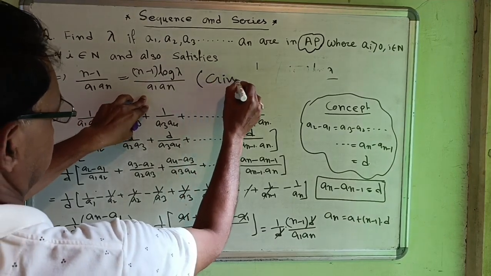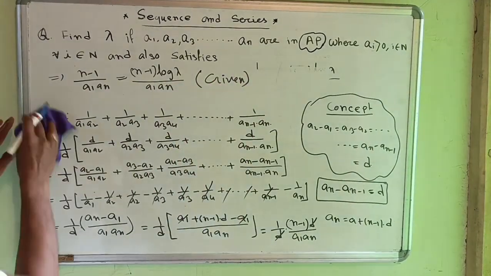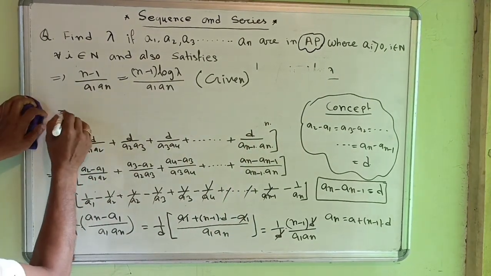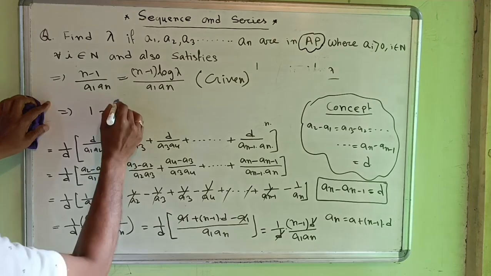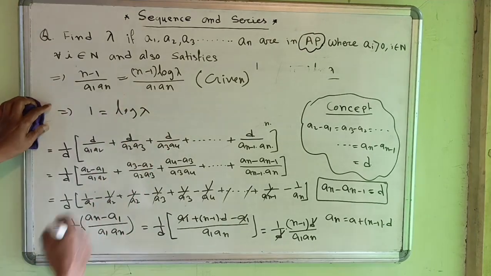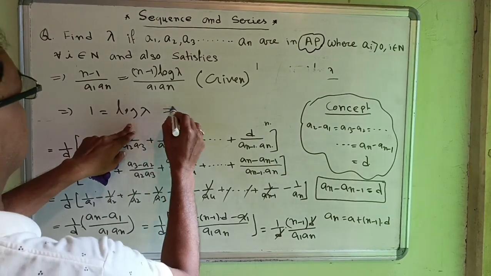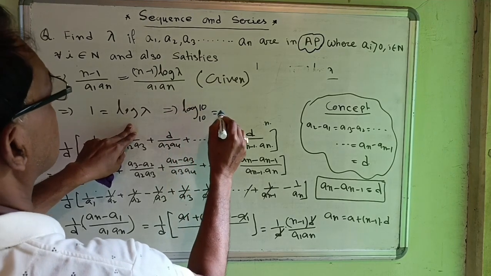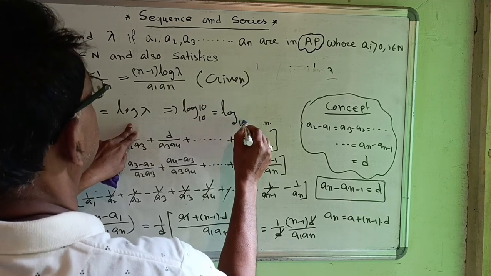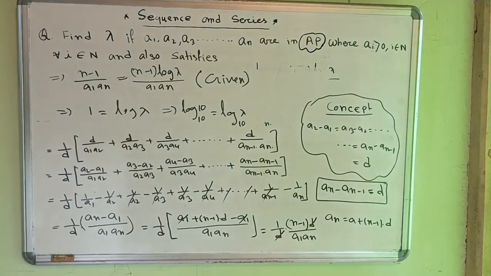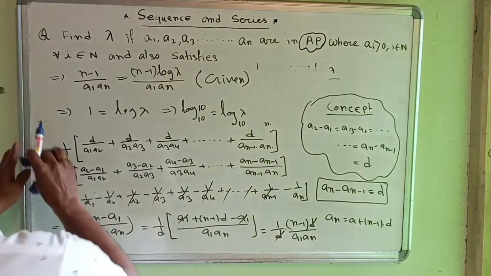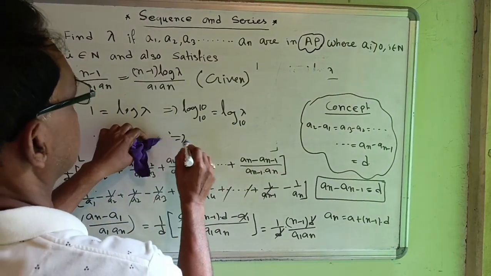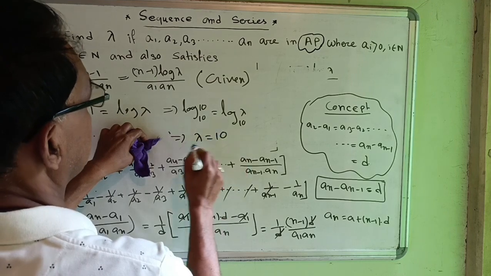So we get 1 equal to log of lambda. This can be written as log of 10 equal to log of lambda, by the log formula. Therefore lambda is equal to 10.